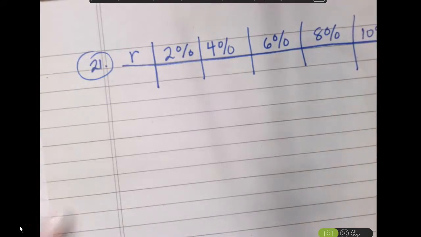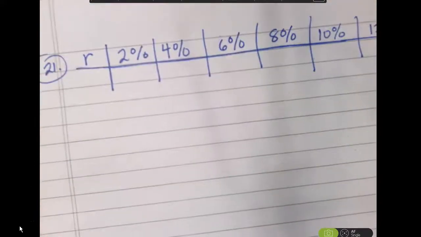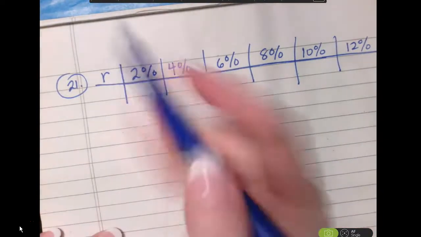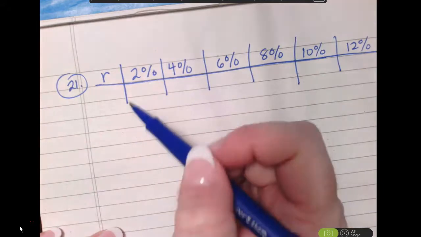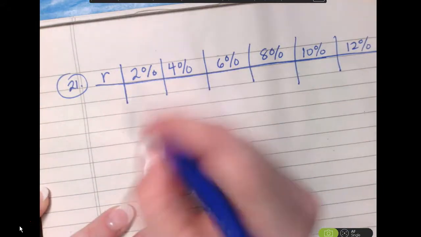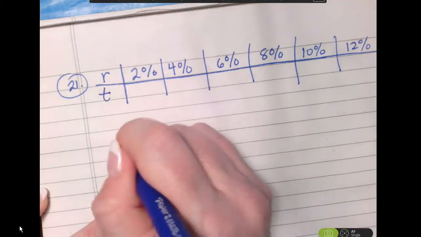And even though these problems take time, I like them because it sort of goes back to the problem that we did on saving for retirement, and it really shows how different percentage interest rates will change your investment. So I want to know how many years t will it take for p dollars to triple.